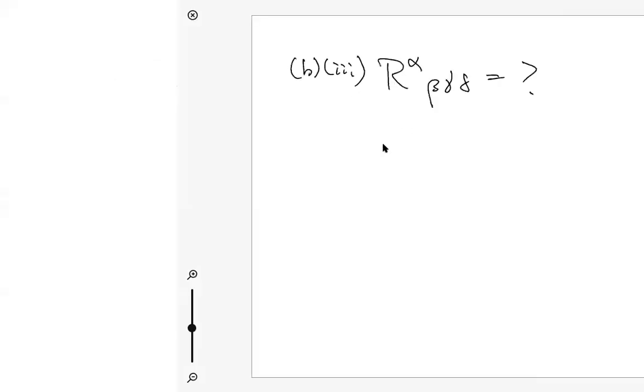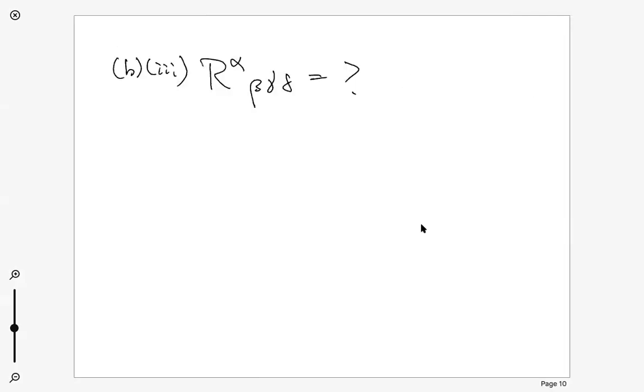What is the R beta gamma delta? Anybody want to try? Actually, I would like to give you a multiple choice. Who will say that the Riemann tensor in this case is not zero?